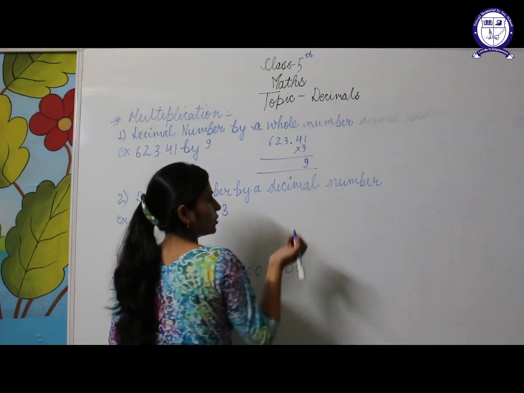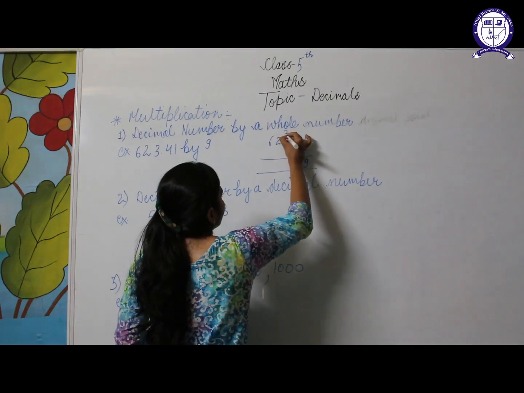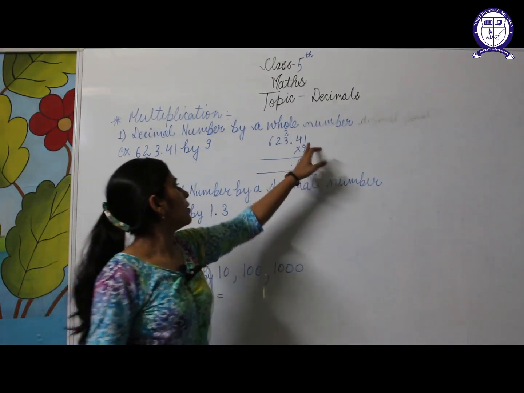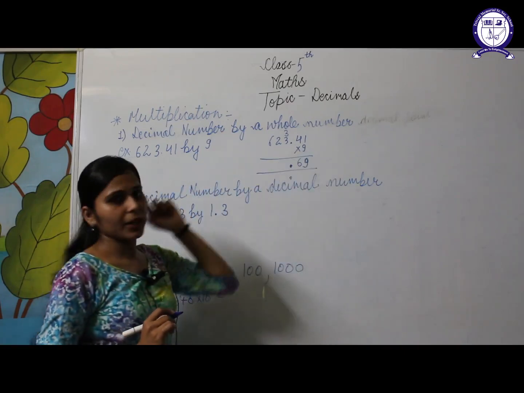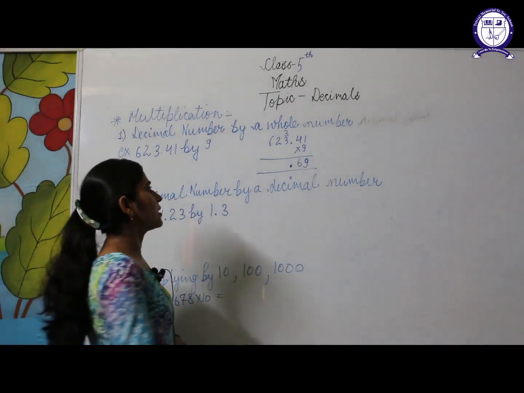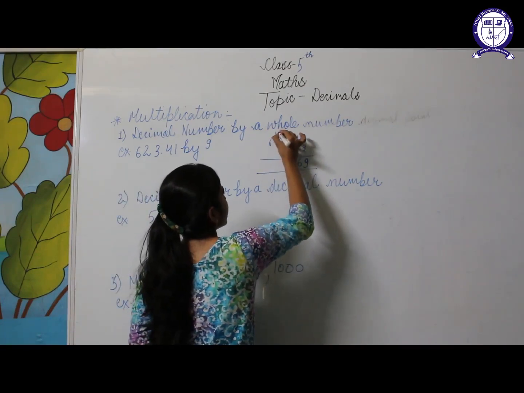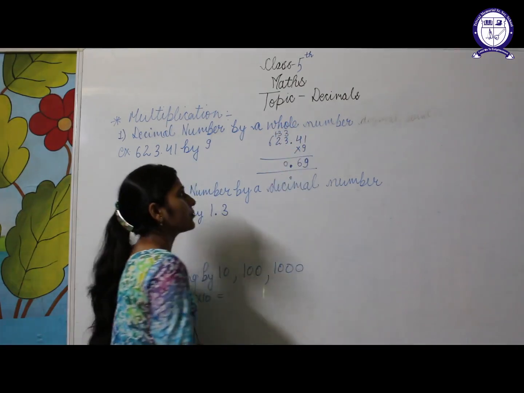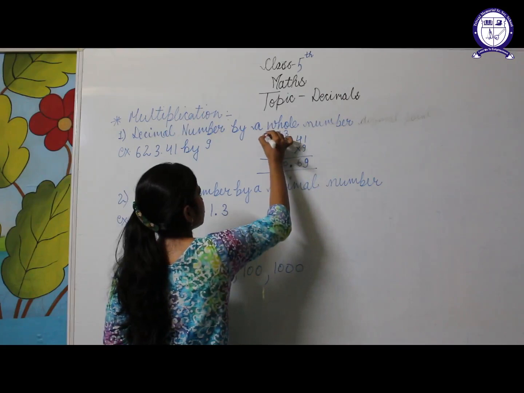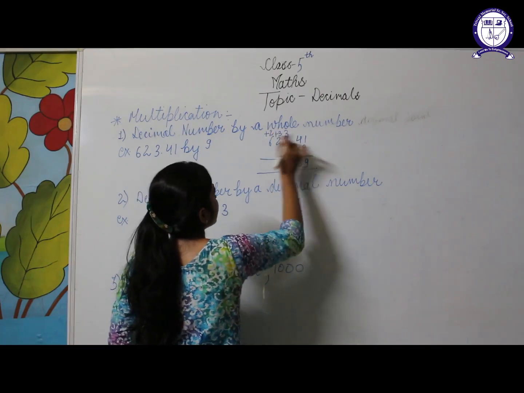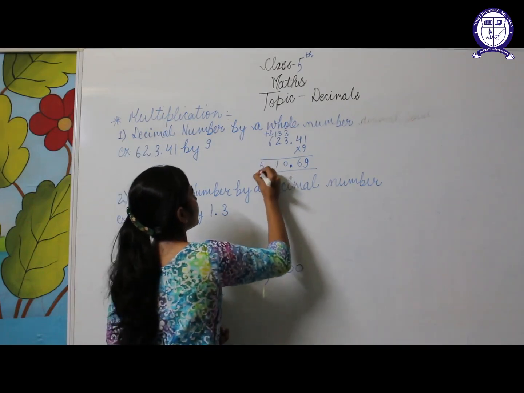So here we will write the unit place of 36, that is 6, and 3 will be a carry. Now the point will be written under the point. Now 9 threes are 27, 27 plus 3 gives us 30. So we will write the unit place of 30 and 3 as carry. Now 9 twos are 18, 18 plus 3, students, 21. Now 2 will be a carry. So now 9 sixes are 54, 54 plus 2 gives us 56.